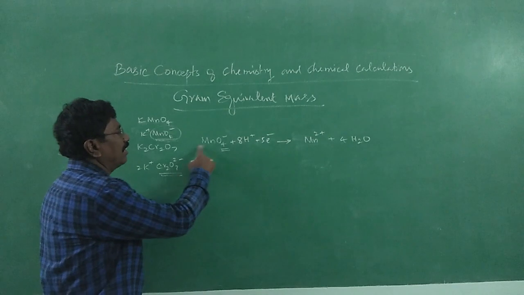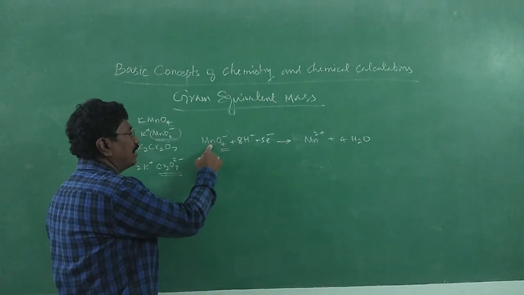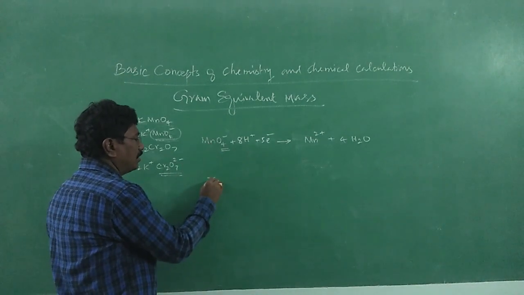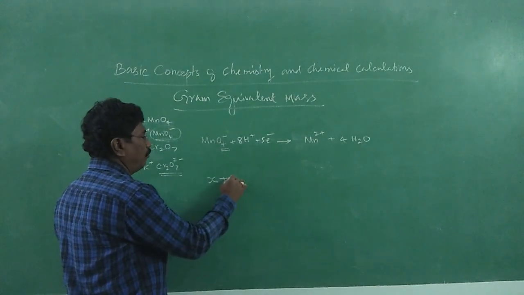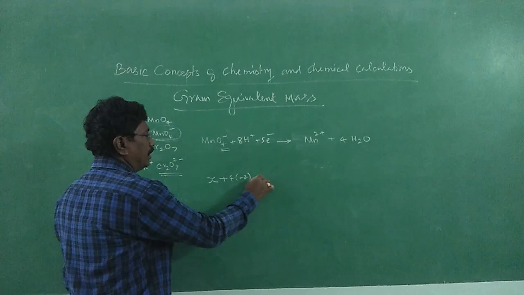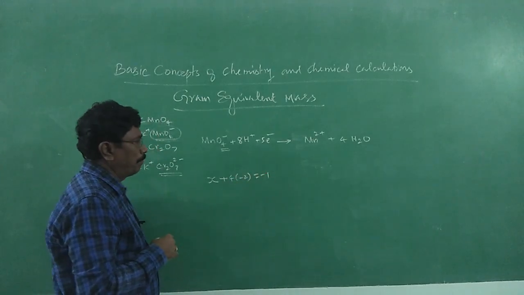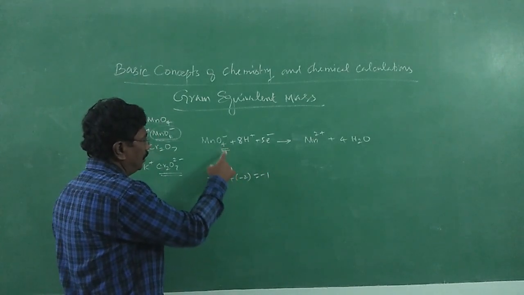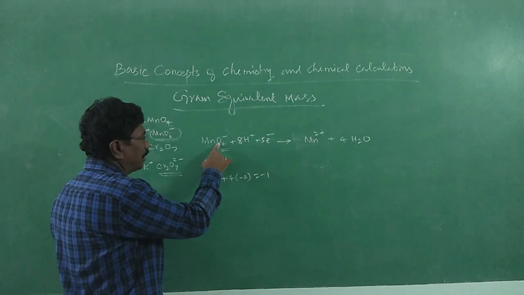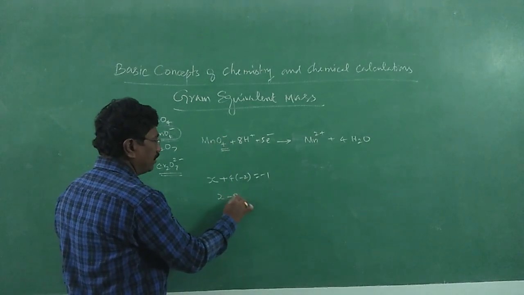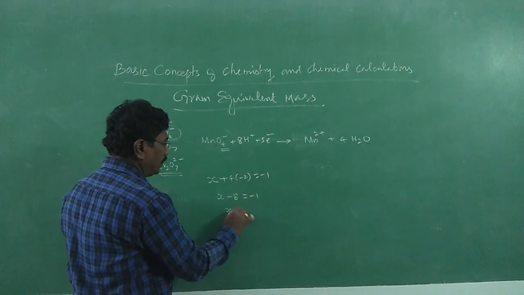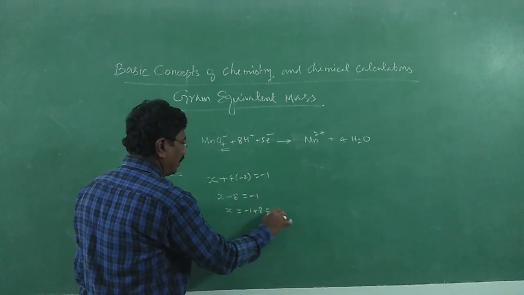In the permanganate ion, what is the oxidation state for manganese? Can you find out? Let it be X. 4 oxygen atoms, 4 into minus 2, and for oxygen the oxidation state is minus 2. The total charge should be minus 1. So X minus 8 is equal to minus 1, so X is minus 1 plus 8, therefore plus 7.